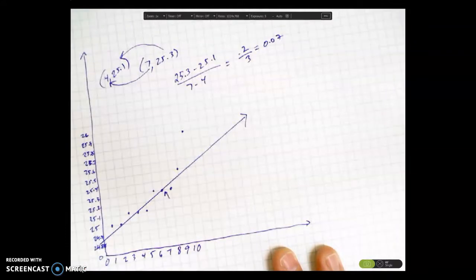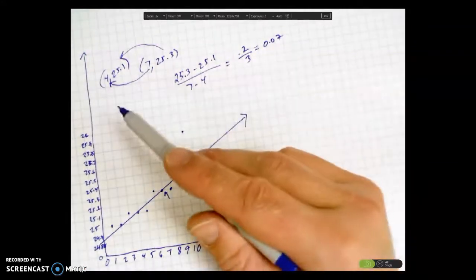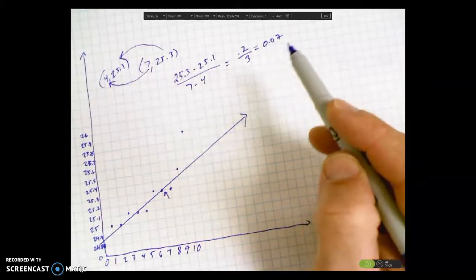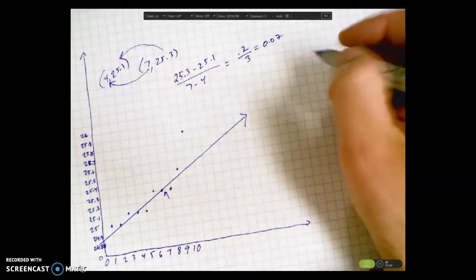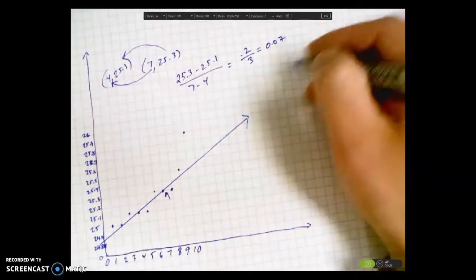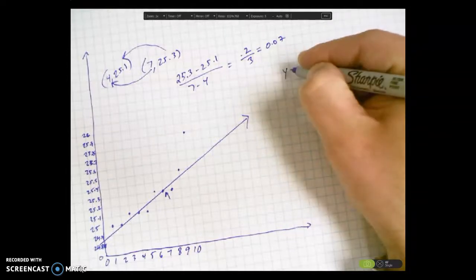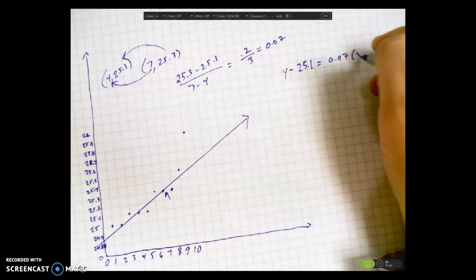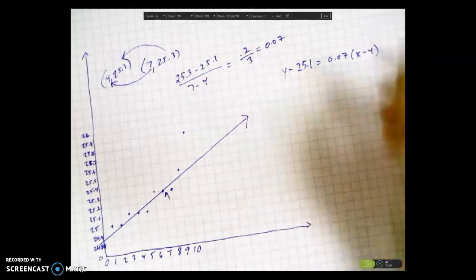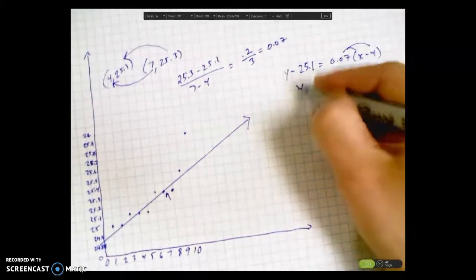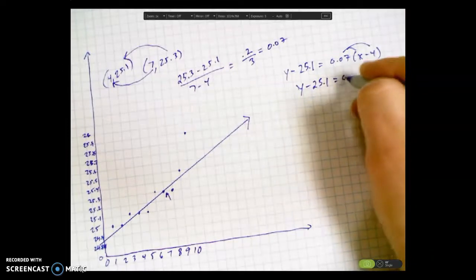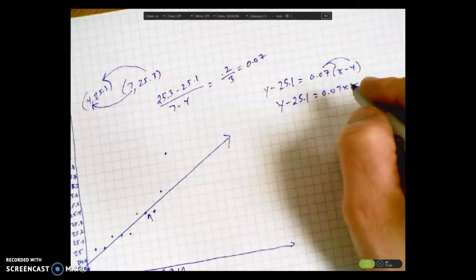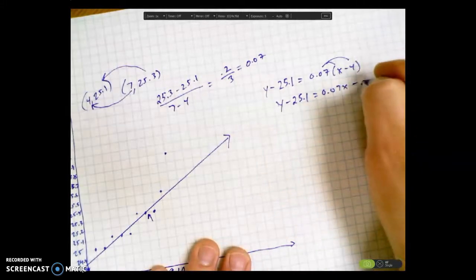Now, as far as how we're going to write our equation, you can use either one of the points you use for your slope, and this slope, and we're going to put it in point-slope form. I'm going to use the first one because it's not that big of a deal which one we use. So y minus 25.1 equals 0.07 times (x minus 4). I'm going to distribute, and I get y minus 25.1 equals 0.07x minus 0.28.